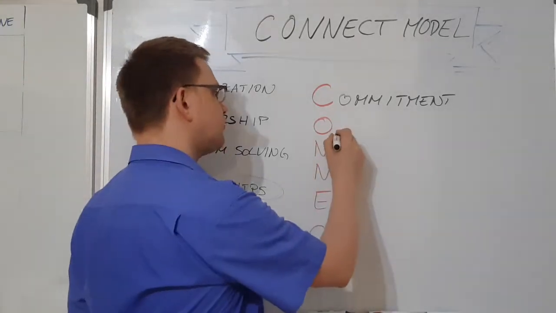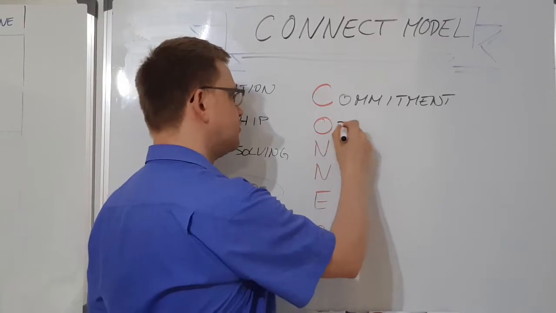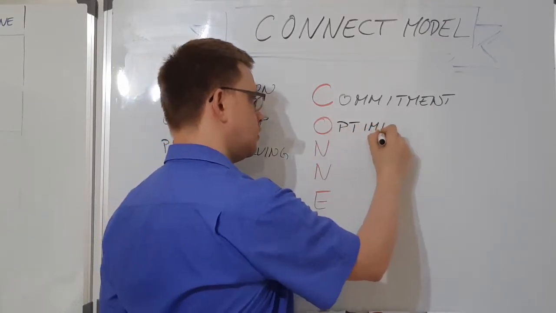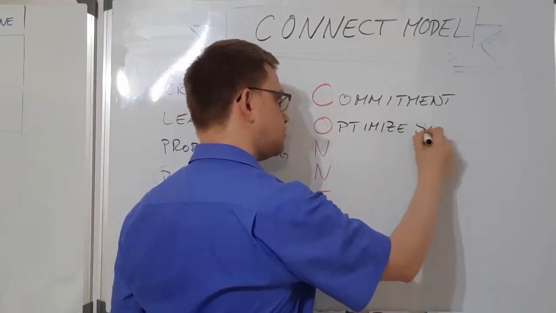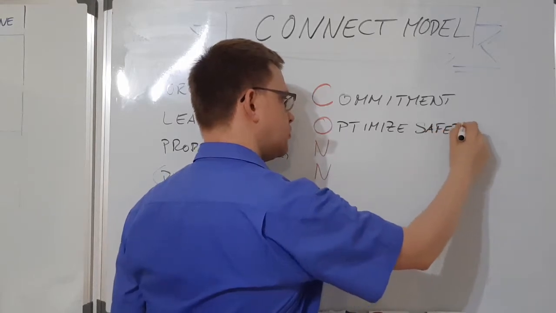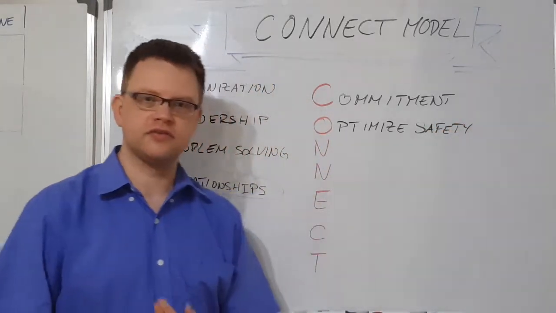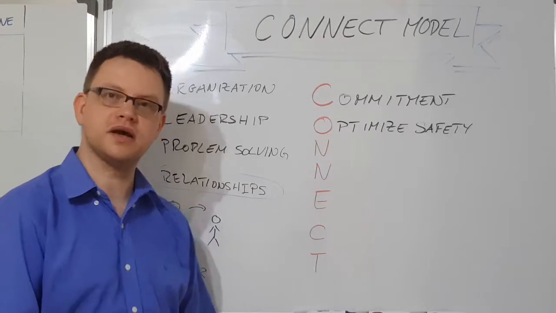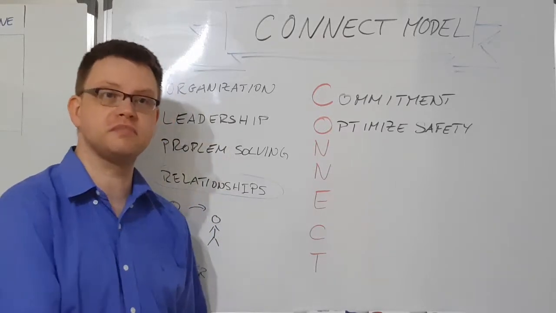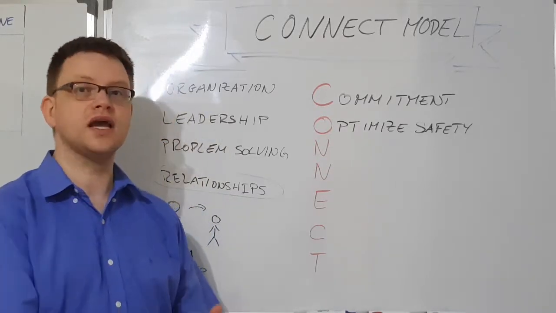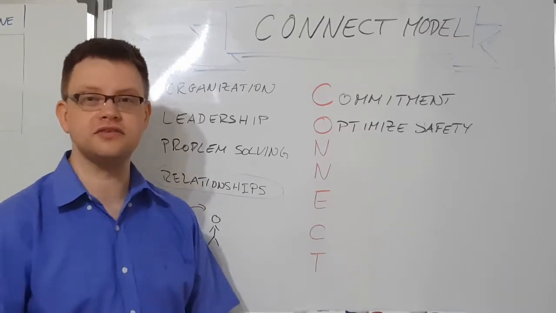And then we have safety. Optimize for safety. Once people feel safe to express what's on their heart, what's on their mind, what they care about, what they expect from each other, we have a basis to find ways to move forward.